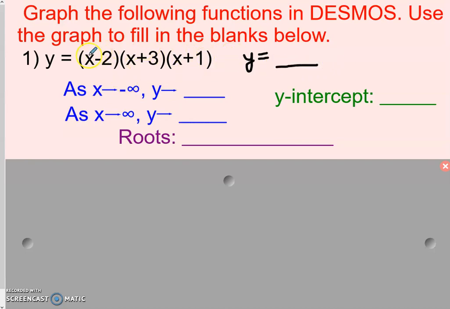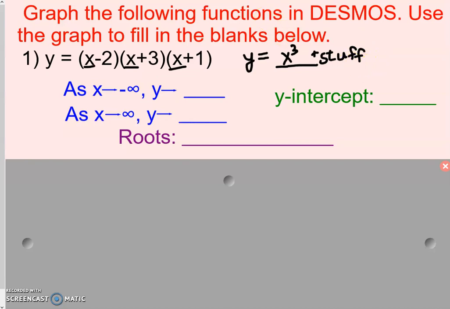And you see that we will eventually get x times x, which is x squared, times another x, which is x cubed. So we eventually get y equals x cubed plus, well, some stuff. And again, that stuff is responsible for what's wobbling around between my end behavior.